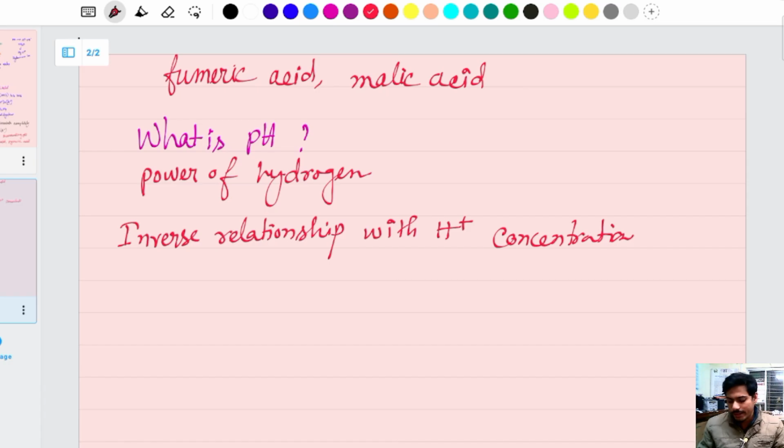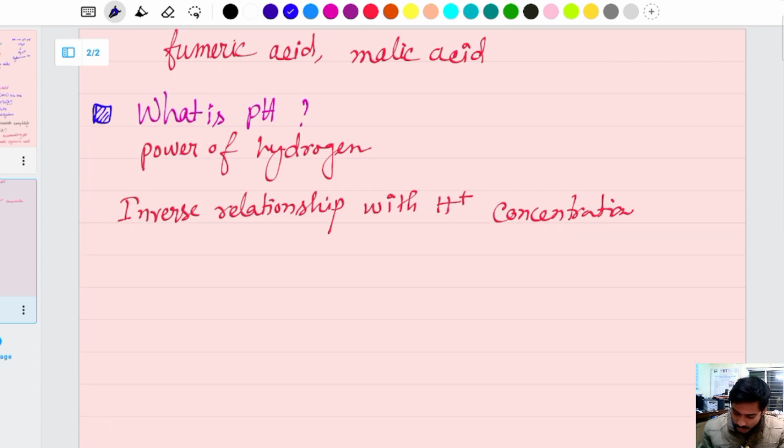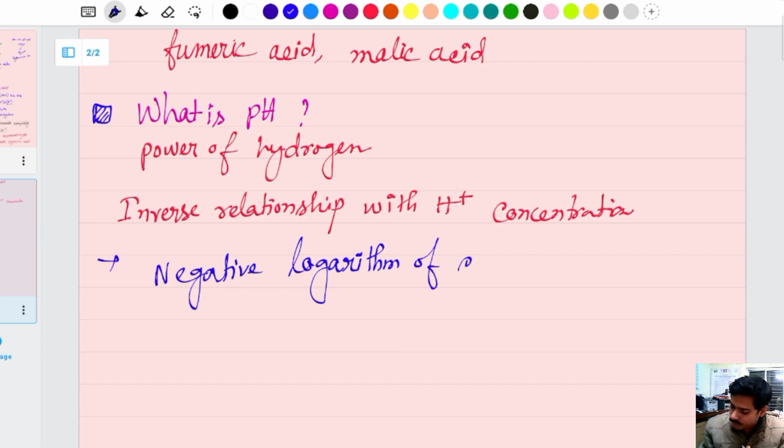This will be in the logarithmic scale, so negative logarithm. If you write down the definition, it is the negative logarithm of the concentration of H plus ion.